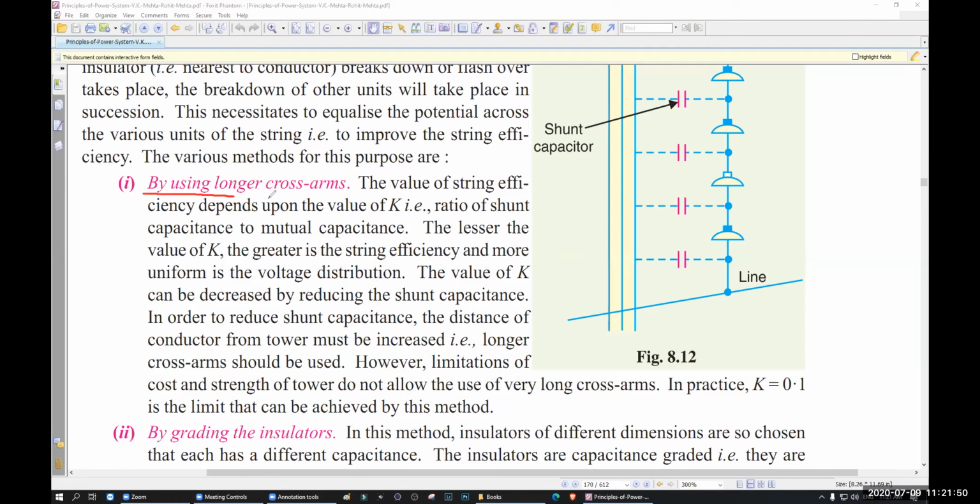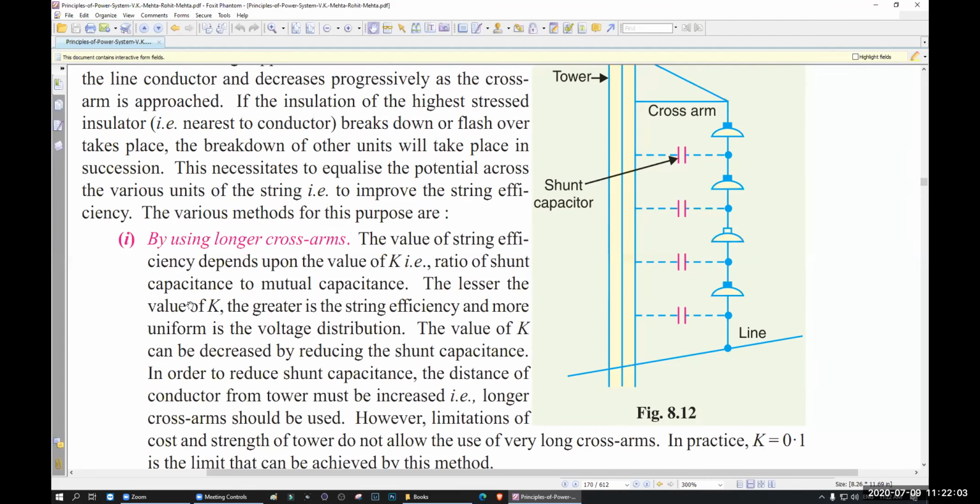By using longer cross arm, right? So if you increase the cross arm, what will happen? The value of string efficiency depends upon the value of k, the ratio of shunt capacitance to the mutual capacitance. That means the shunt capacitance should be smaller. How to make it smaller? By using longer cross arm. If you use the longer cross arm, the distance between the insulator pin and the earth increases, right?